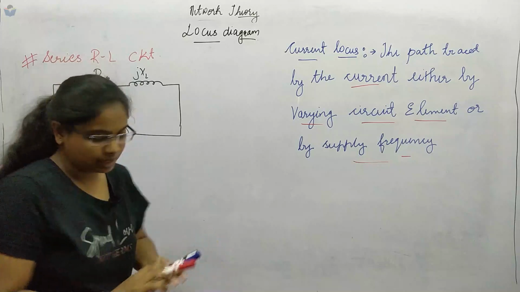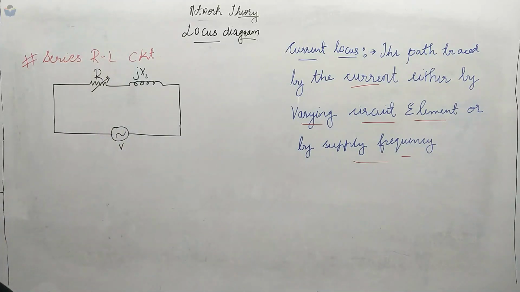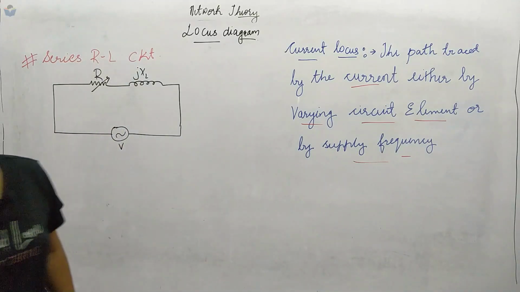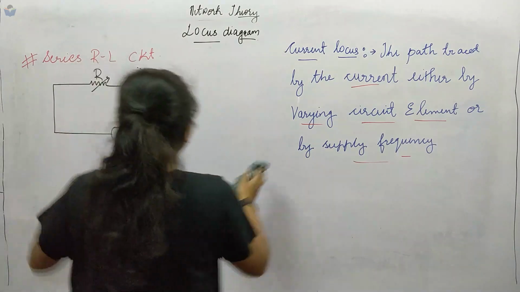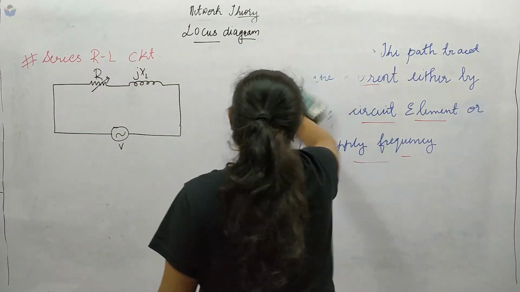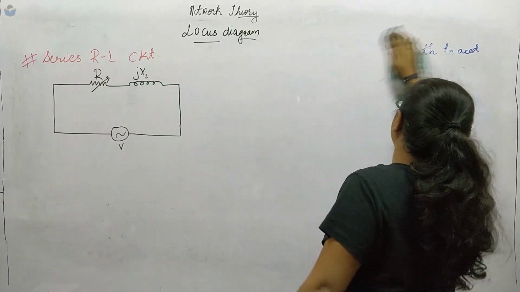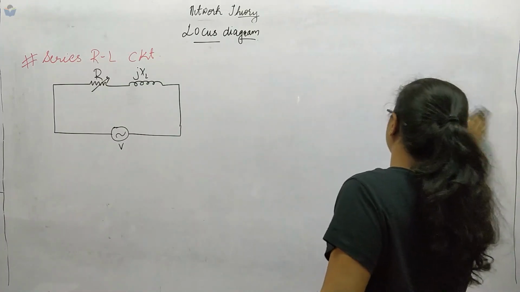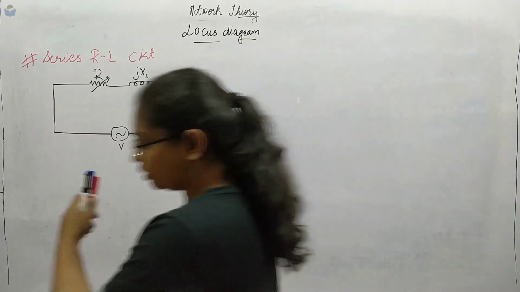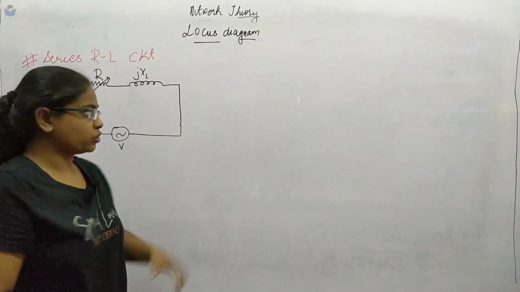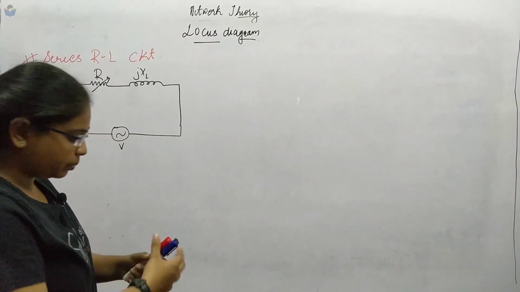Now, we have a series RL circuit in which R is the varying element. We are varying the R element, that is the circuit element, and based on this we have to plot the current path.